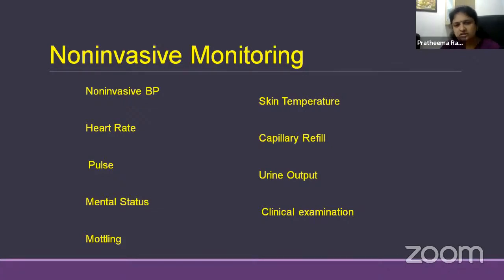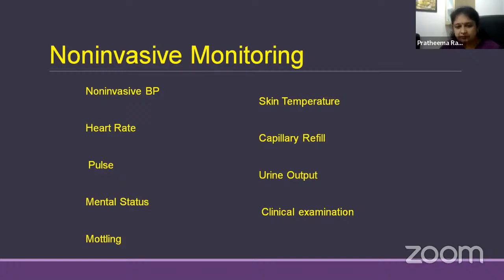So that is one window. Second window is, is the urine output good? Urine output falls after some time, after the compensatory mechanisms fail. Then a third window is the skin. So we touch the patient, see whether the patient is cold, or sometimes in a shock, the patient can be warm. But the sensorium can be low.